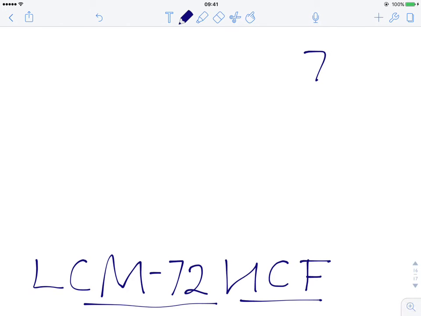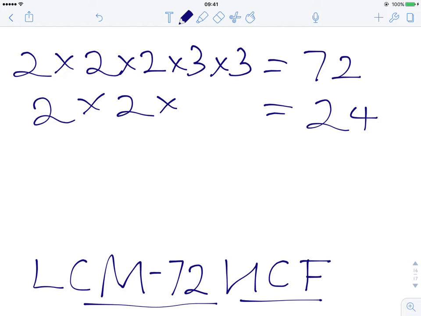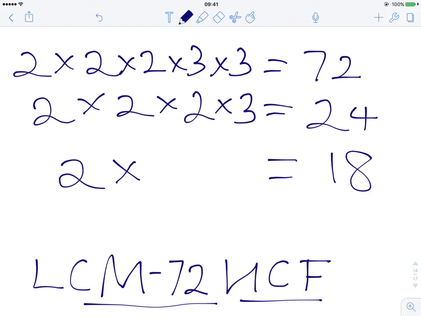So 72 can be written as 2 times 2 times 2 times 3 times 3. 24 can be written as 2 times 2 times 2 times 3. And 18 can be written as 2 times 3 times 3.